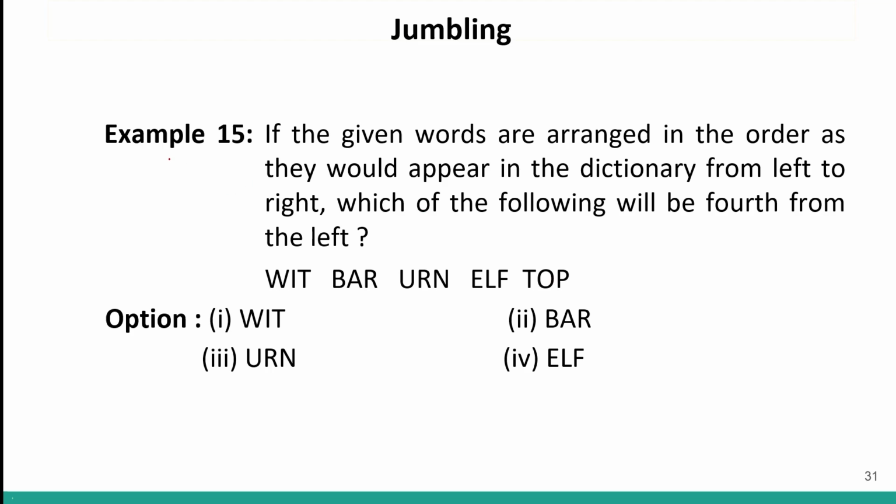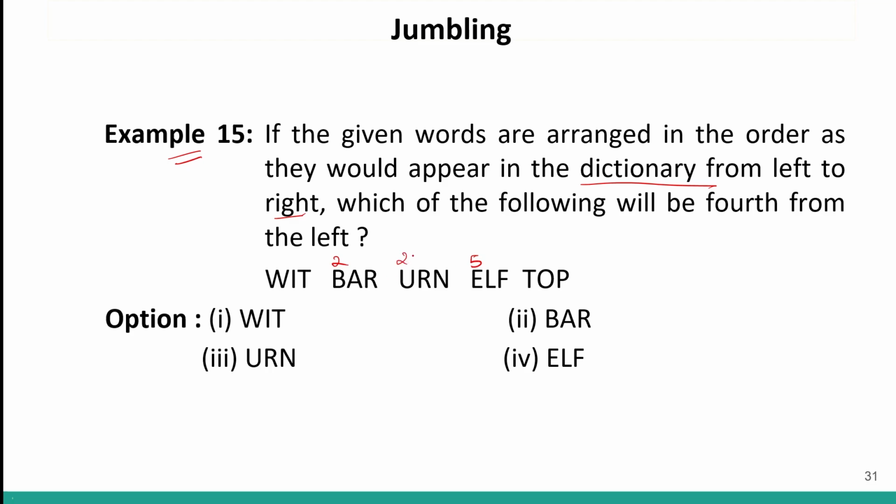Now, example number 15. If the given words are arranged in the order as they would appear in the dictionary from left to right, which of the following would be the fourth from left? So first we have to arrange them in dictionary order, and then we have to find out which of the following will be fourth from left. So dictionary order from left to right. If I write forward ranks, B is 2, E is 5, U is how much?